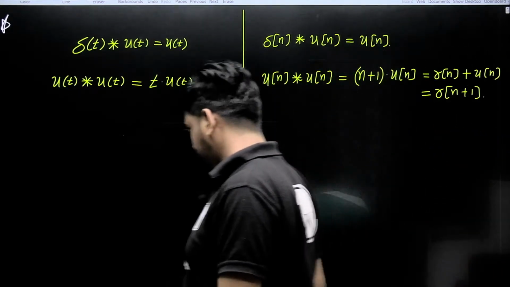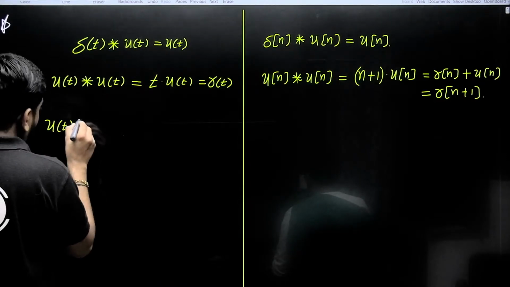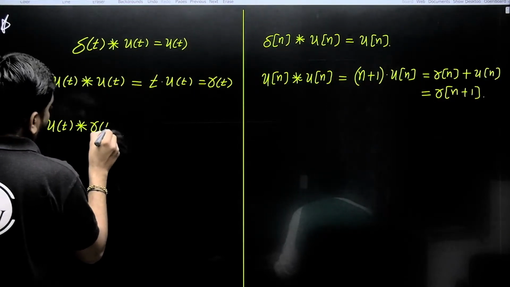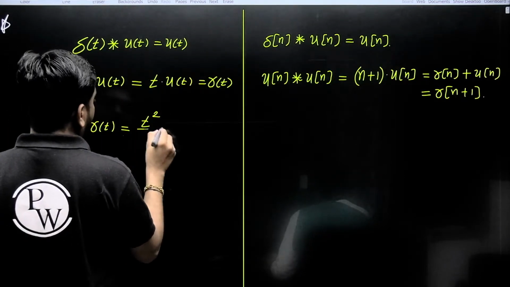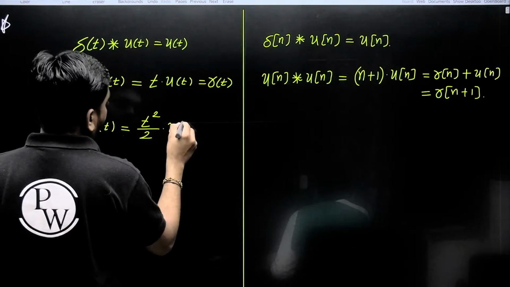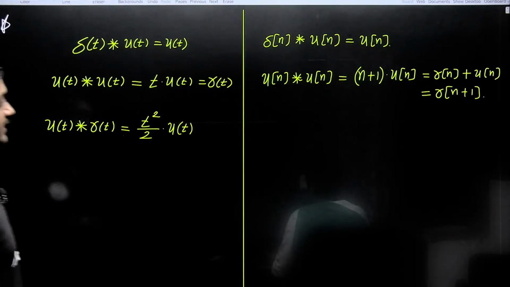Correct? Here u of t convolution with r of t is nothing but the parabolic function, t square by 2 into u of t.